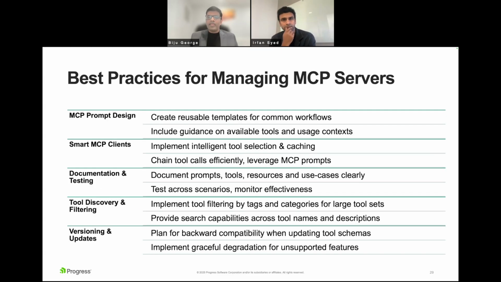Next slide, Irfan, about the management of MCP servers. One important question that generally comes up is, does MCP increase the security issues around AI? The answer is yes and no. If you do not do it properly, there is a possibility that the threat vector or the security premises change because of MCP servers.